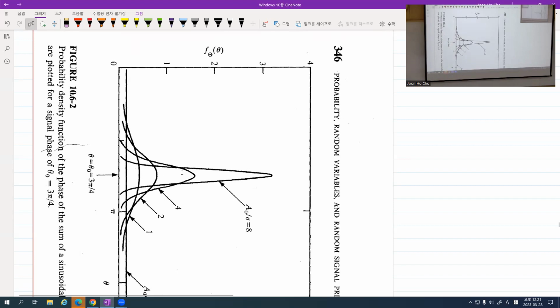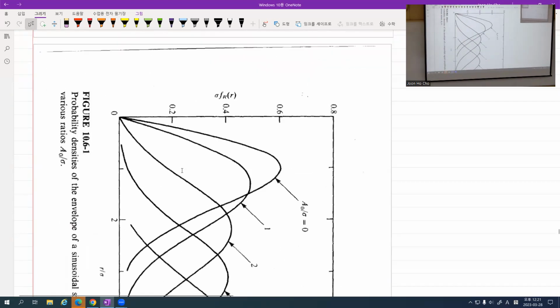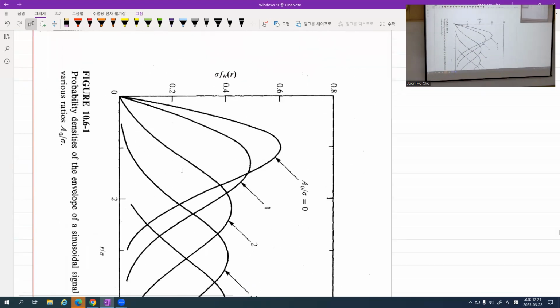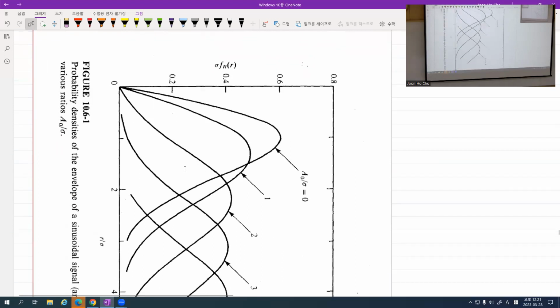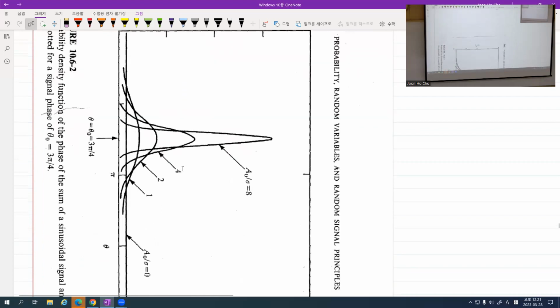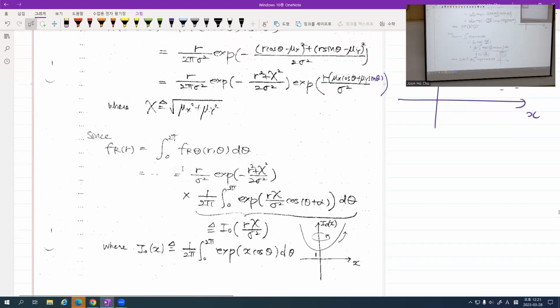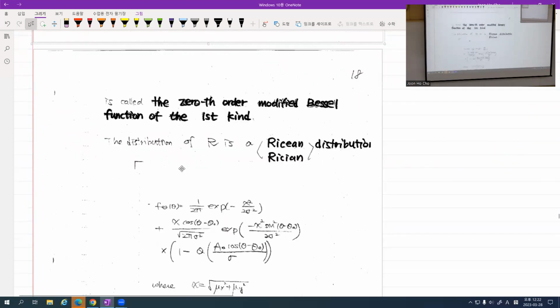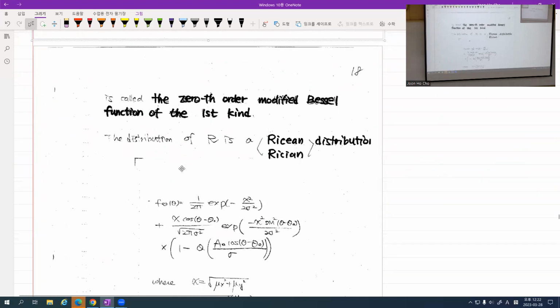So you have a strange density. And by the way, here goes the density of R, which involves the Bessel function. Okay, let me stop here and continue next time.